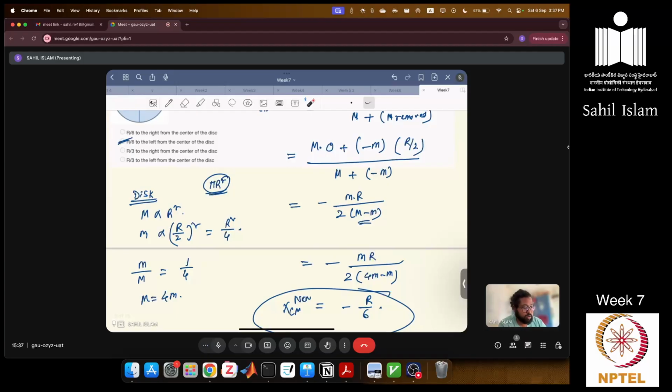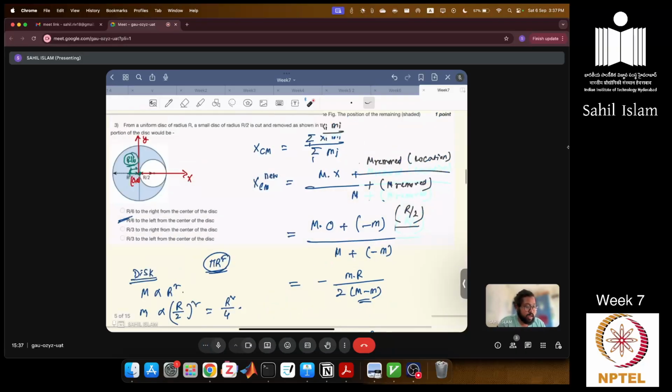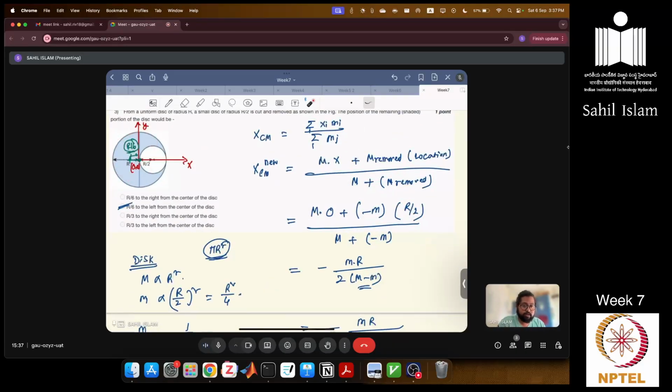One important thing to note here is the disk's mass is proportional to r square. Why? Because it's pi r square, the area of the disk, and the mass is distributed over the area, so mass will be proportional to r square. So if we remove small m amount of mass, it will have r square by 4 amount of proportionality towards area.